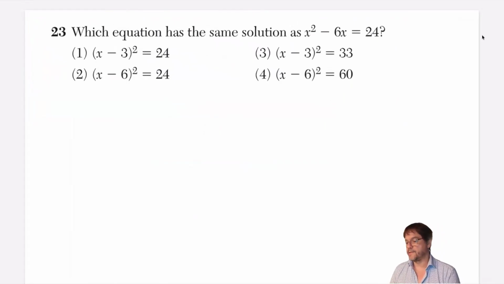Which equation has the same solutions as x squared minus 6x is equal to 24?